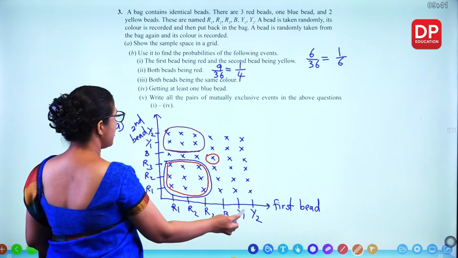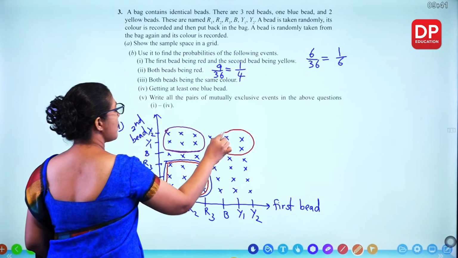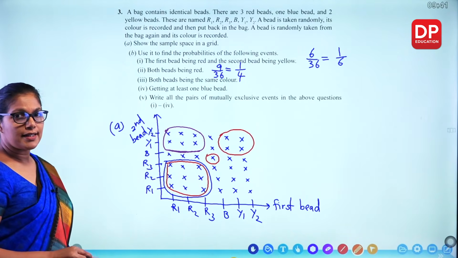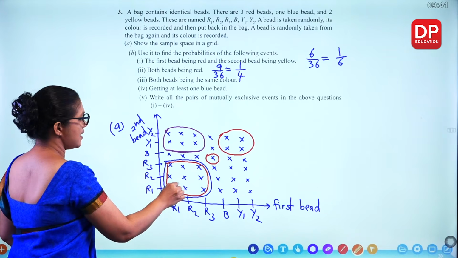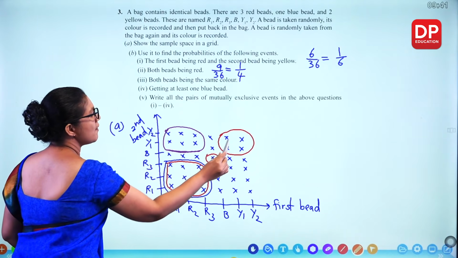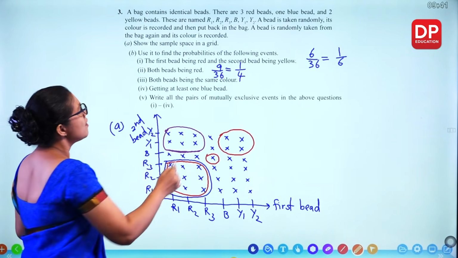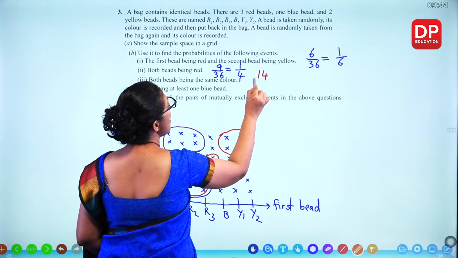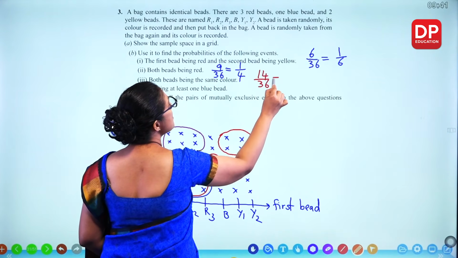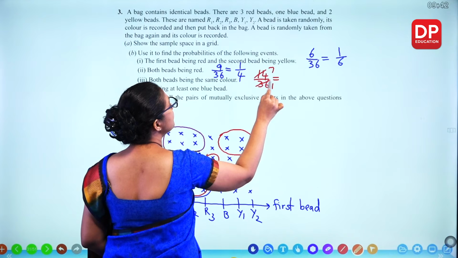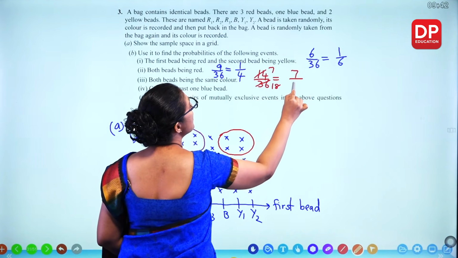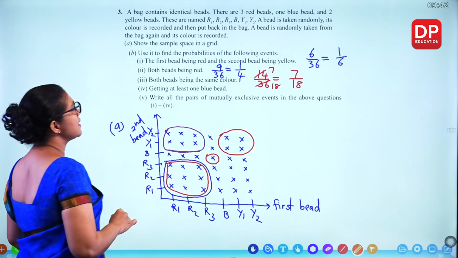And yellow with yellow. This part. Altogether, how many outcomes are there? 9 here, 10, 11, 12, 13, 14. 14 outcomes out of 36. Simplify, divide by 2. You get 7 over 18.